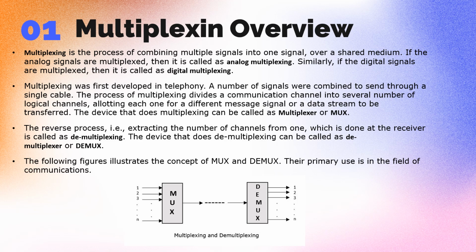It is a multiplexer device. The multiplexer multiplexes the number of channels into one channel, and at the receiver it is the demultiplexer, which receives a single signal and then demultiplexes the signal into several channels.